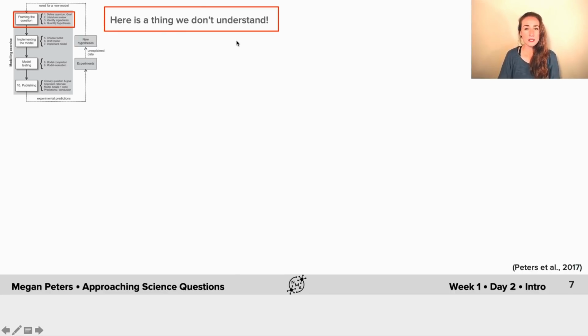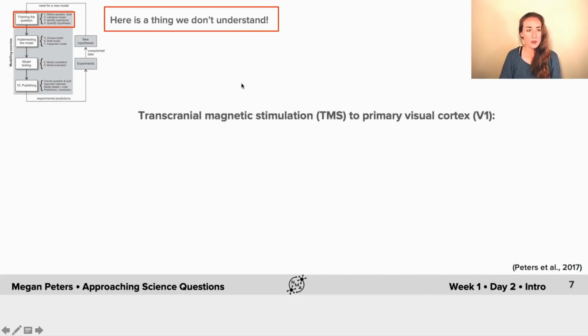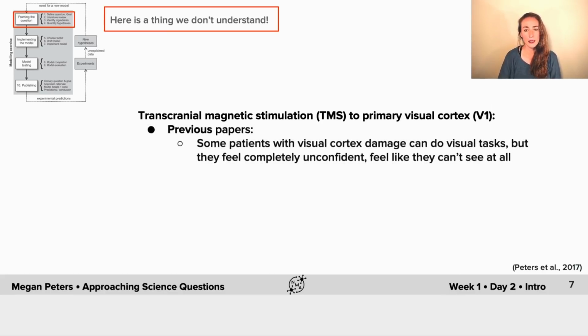In the case of the set of models that we started looking at yesterday from my own research, the phenomenon in question was this observation that if I apply transcranial magnetic stimulation to primary visual cortex, so the bit of your brain, remember, in the back of your head, there's that bump on the back of your head right there, if I apply TMS to that spot, if I zap you in the back of the head, in some cases this leads to blindsight-like behavior, where people think they cannot see, but they still can actually use visual information effectively.